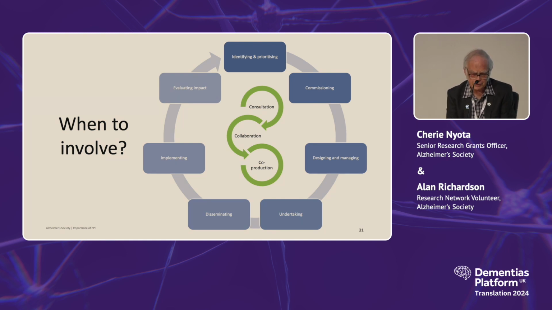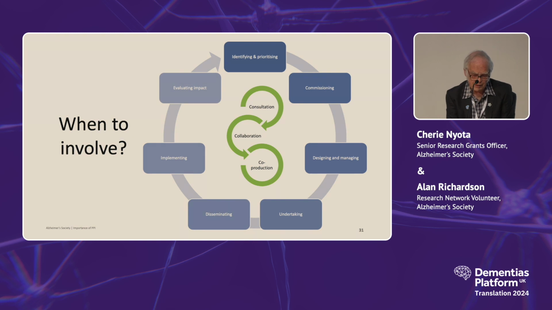Sometimes you look at the early part of an application and think, oh, they obviously are doing PPI, but it isn't really highlighted as such. I think that's one of the things we really notice.